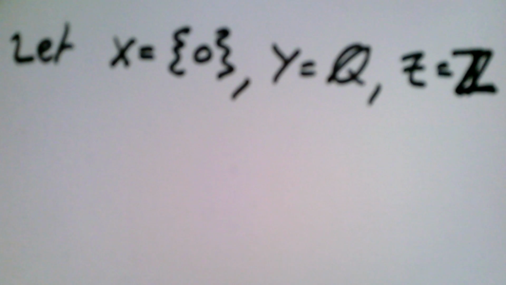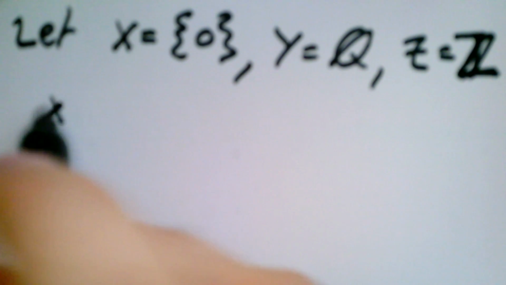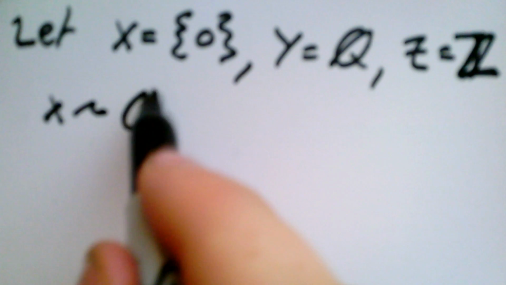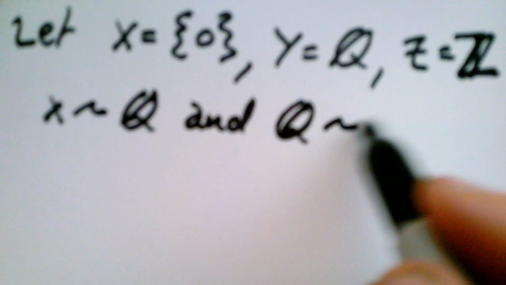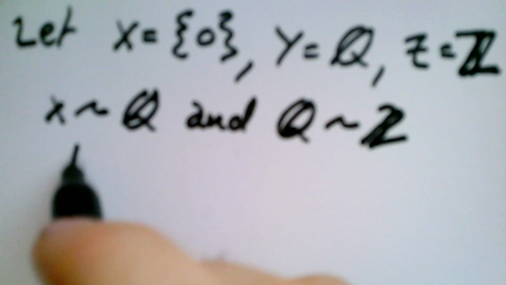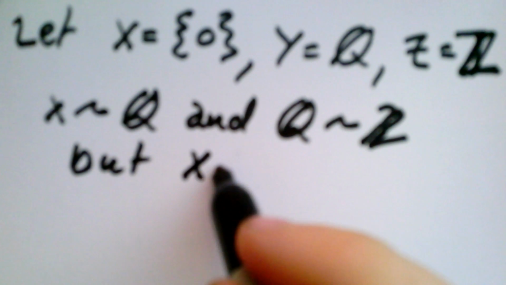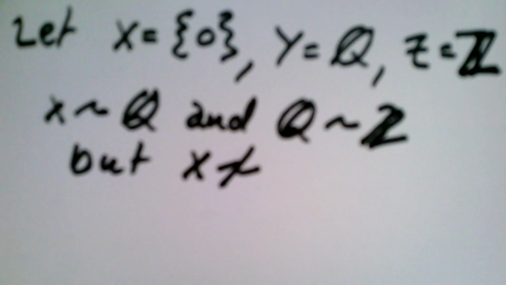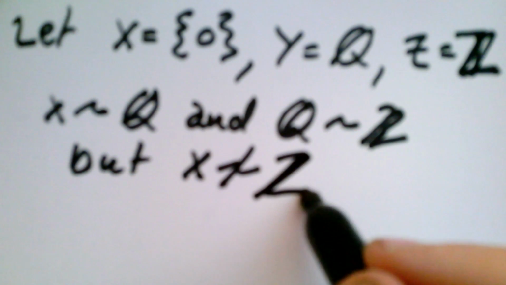Okay, so I claim that X is almost homeomorphic to Q, and Q is almost homeomorphic to Z, but X is not, so the slash through it means not, almost homeomorphic to Z.